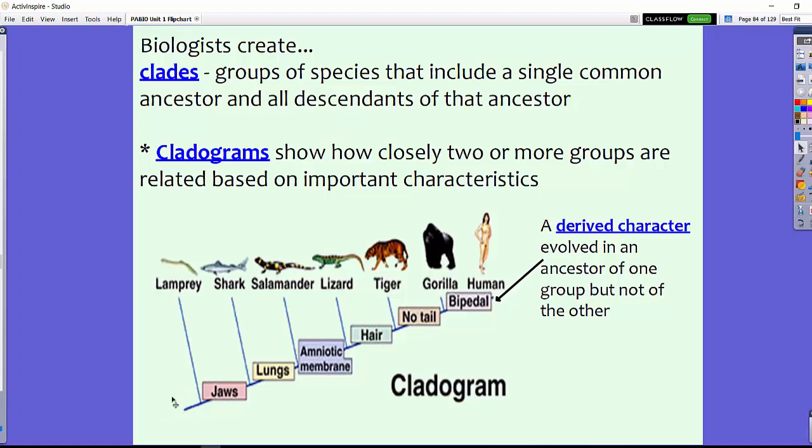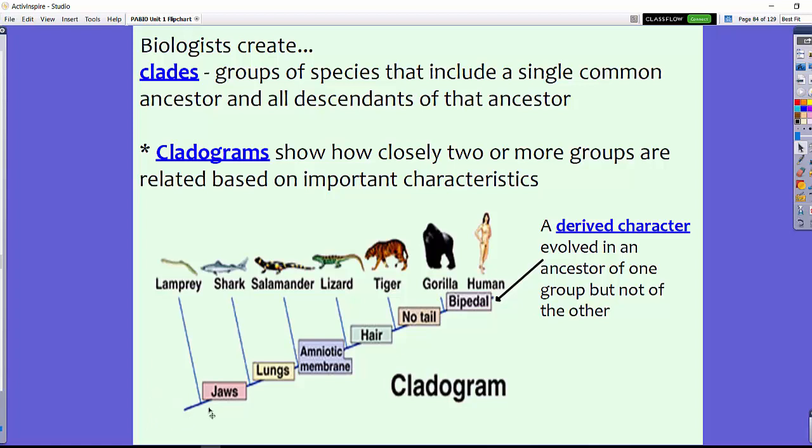However, if we look way down here at the bottom left, where my mouse is right now, this would be our common ancestor for all of these organisms. Now, you're probably wondering, what do we have to do with a lamprey, or how are we related to a shark? Remember, evolutionarily, way back in the day, we have this common ancestor.